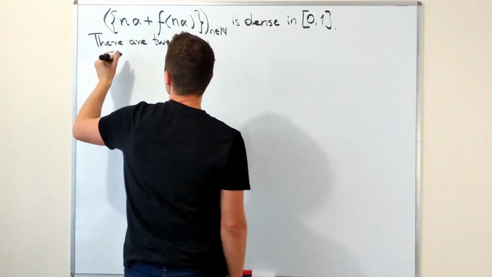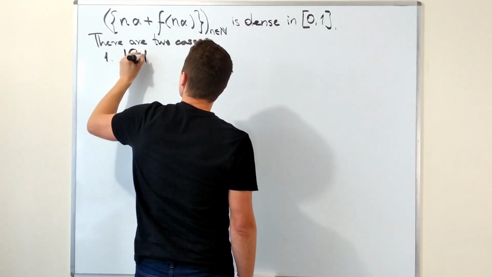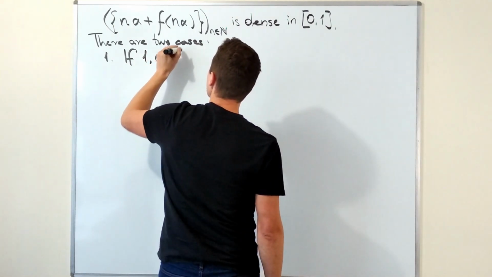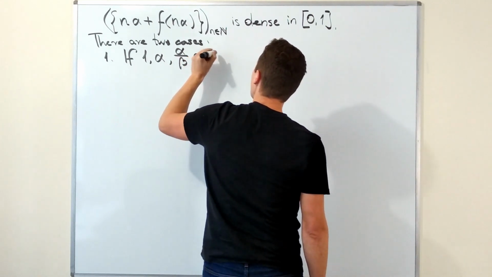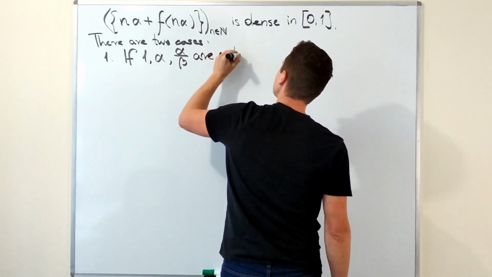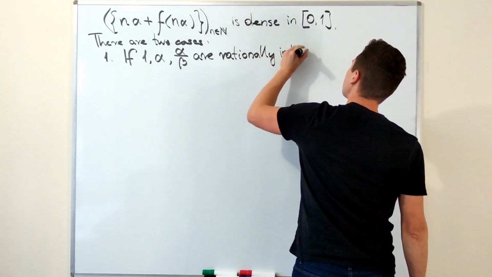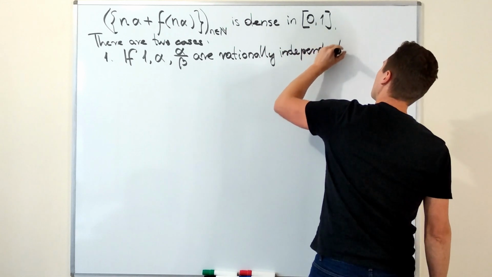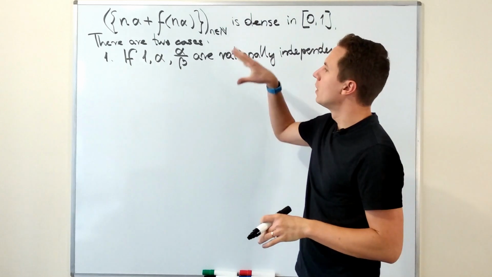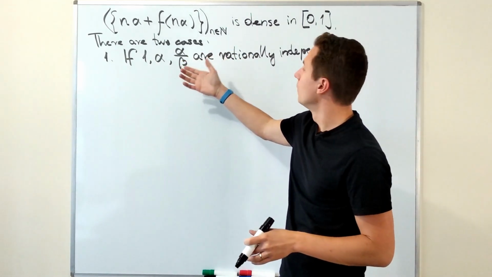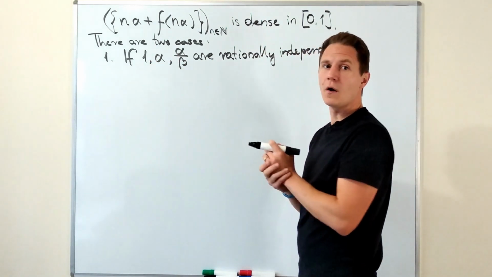The first one was the case when 1, alpha, and alpha over beta are rationally independent. I have just told you what that means: there are no non-trivial linear combinations of these numbers with integer coefficients giving you 0.